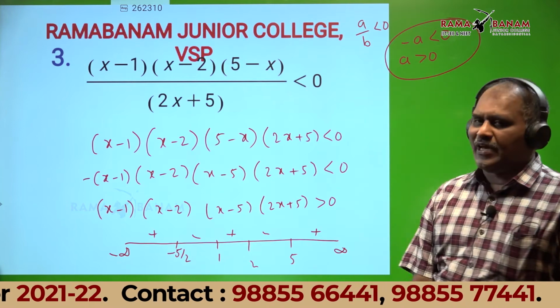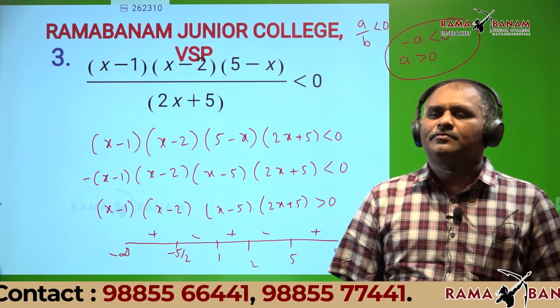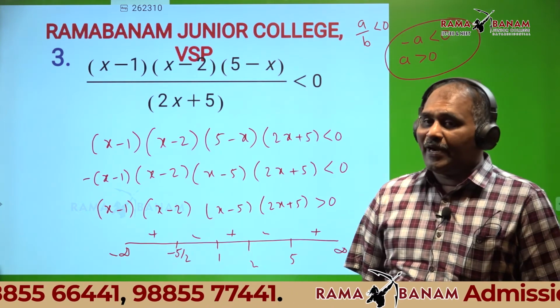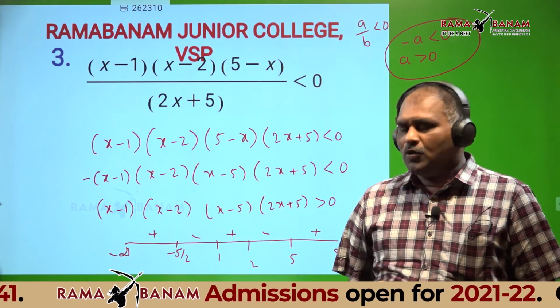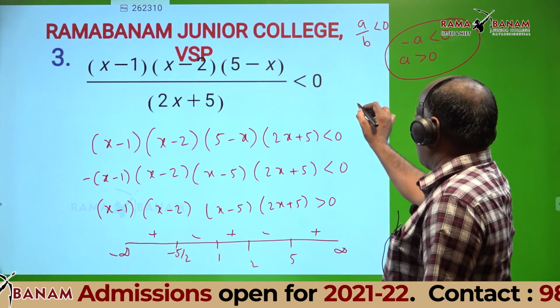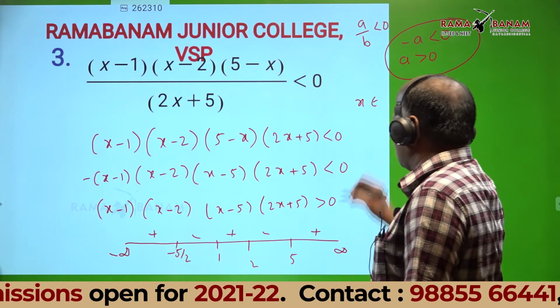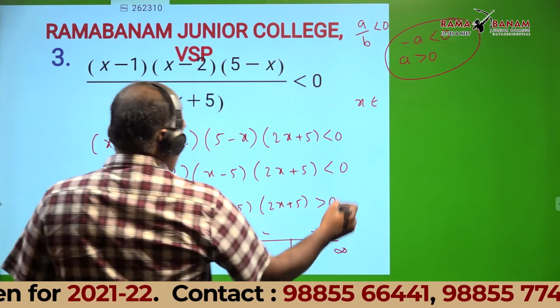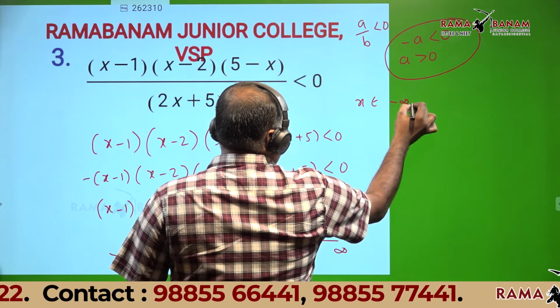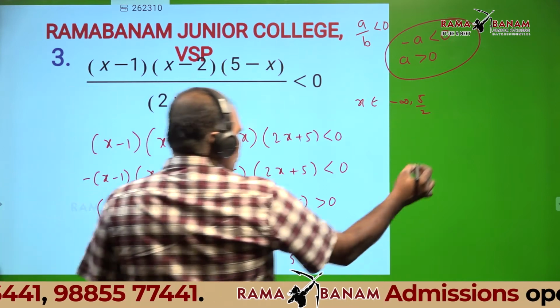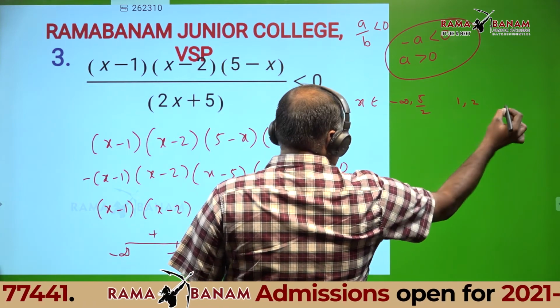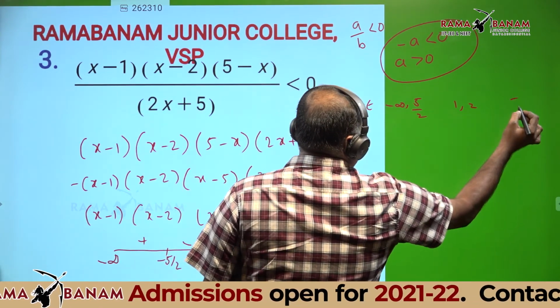But here, is greater than there or less than there? Greater than, sir. Greater than means positive or negative? Positive, sir. Therefore, x belongs to those positive values: minus infinity to minus 5 by 2, 1 to 2, and 5 to infinity.